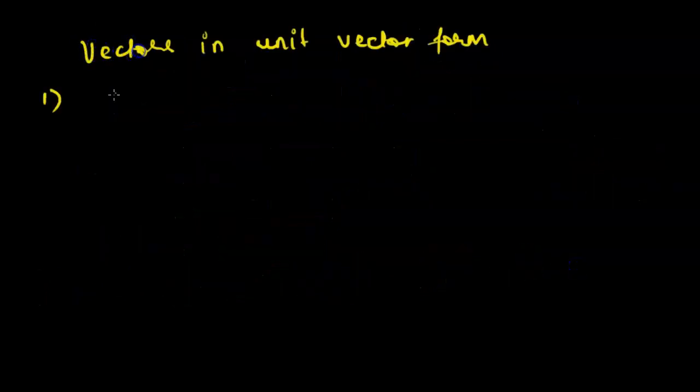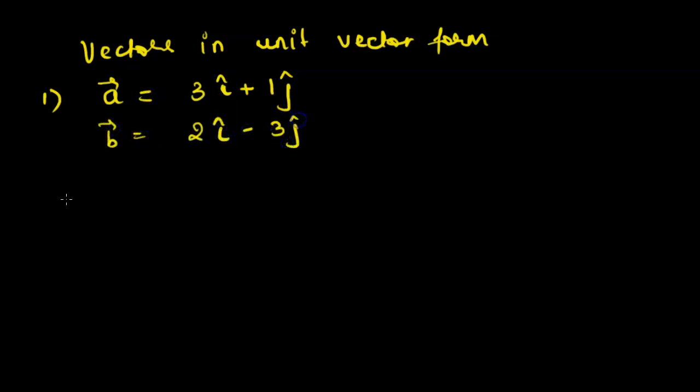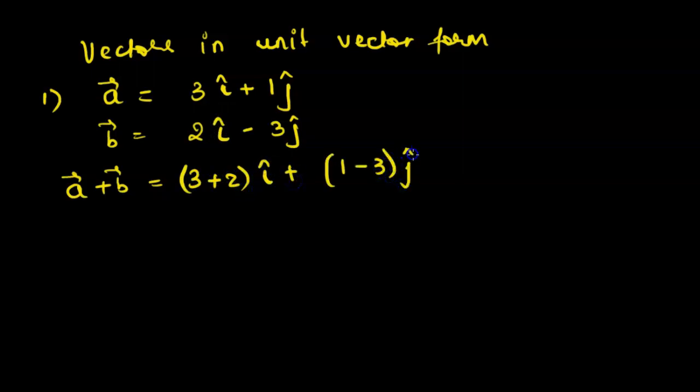Now if you're given vectors in unit vector form, for example vector A as 3i plus 1j, and vector B as 2i minus 3j, and we're asked to find vector A plus B, we just add the corresponding i components: 3 plus 2 i, and then 1 minus 3 j.